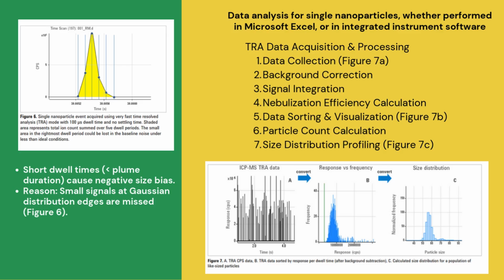So we can see that by getting the TRA data, we can convert it into response versus frequency and convert it to the size distribution. That's how we get the ICP-MS to read our size distribution.